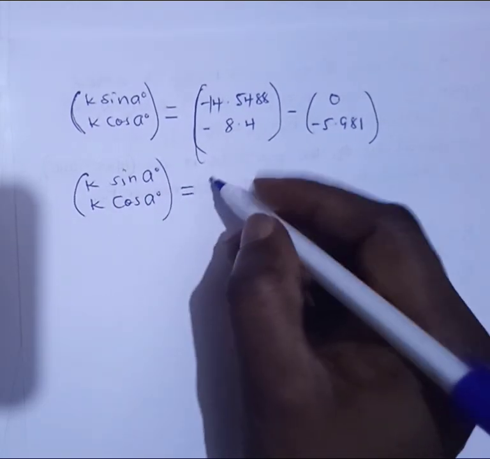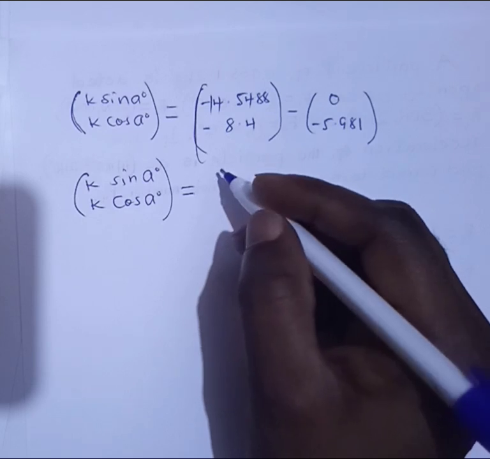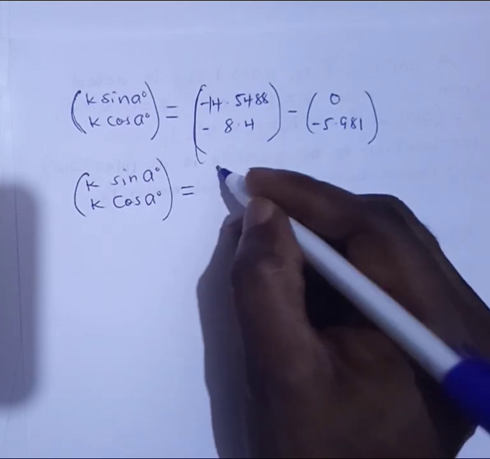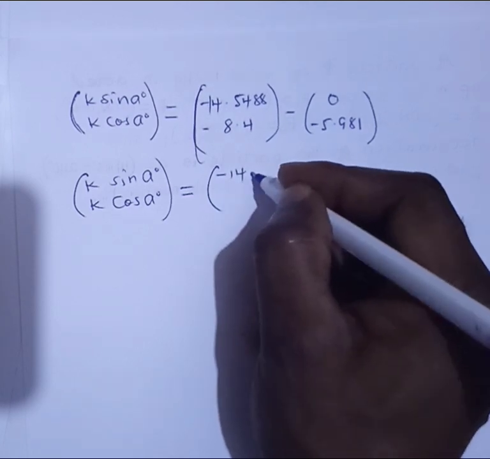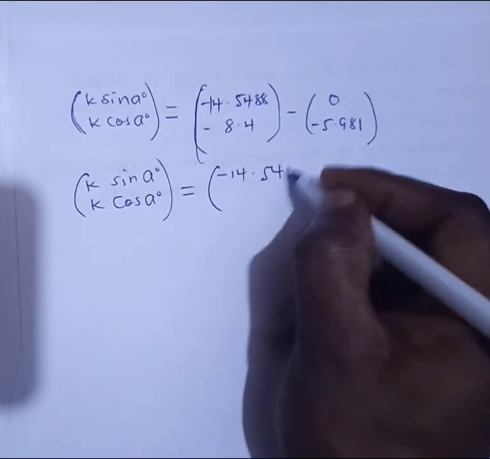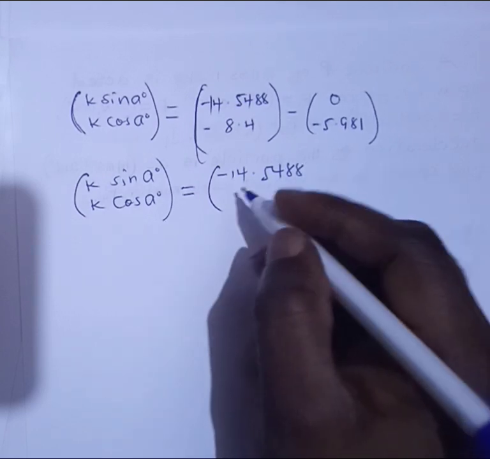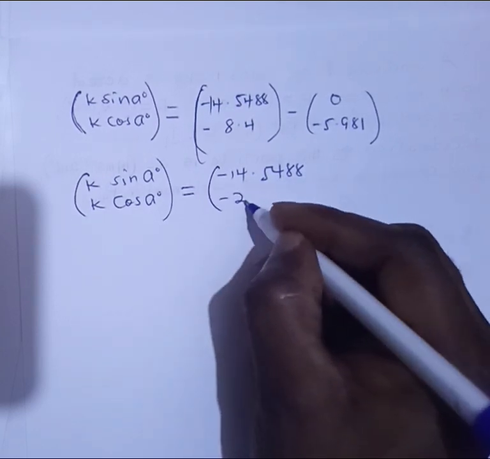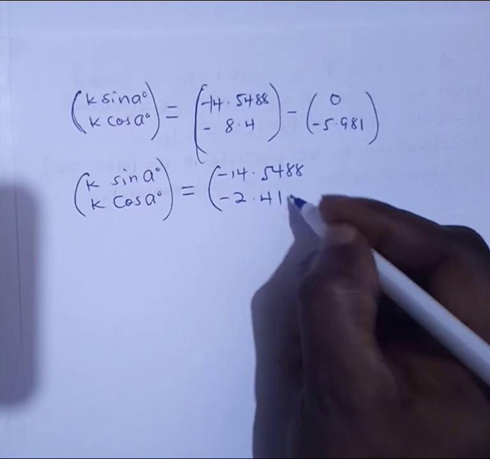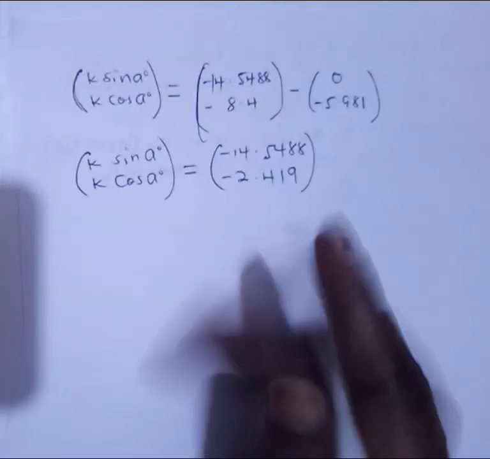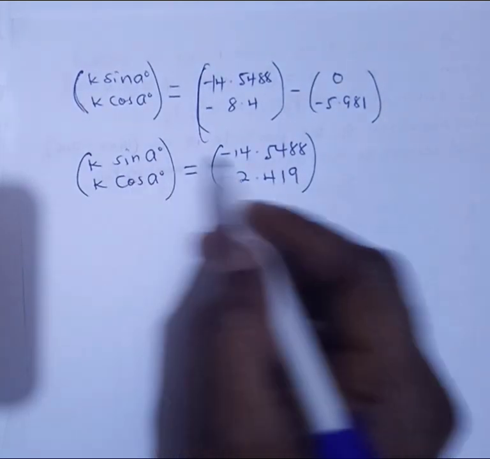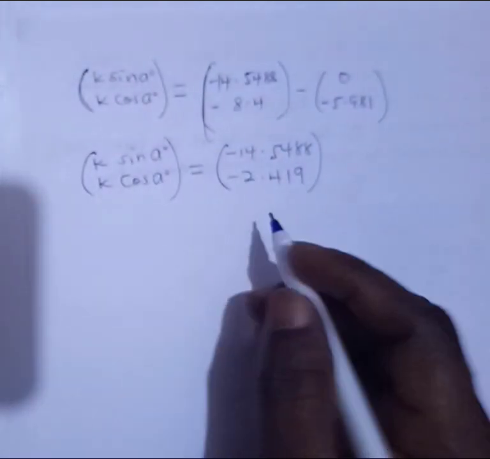Therefore, we can have this as negative 14.5488 and negative 2.419. Good. So it means that we have to equate each of them to the other side.